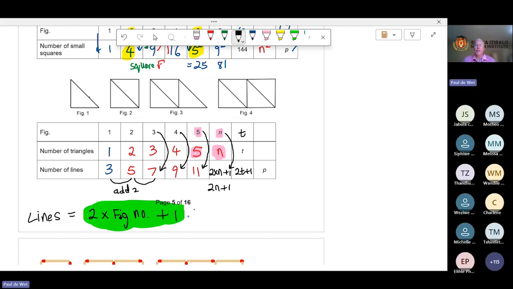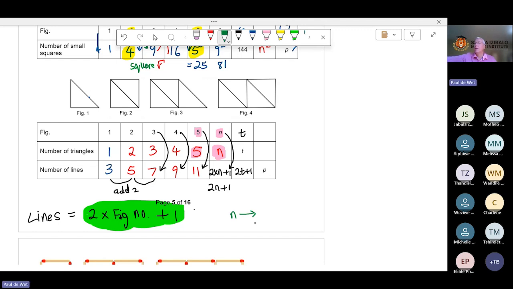All right. Now I want to explain something to you here. Look at what's happening here. To get from the figure number to the number of lines, what we do is we times by 2.